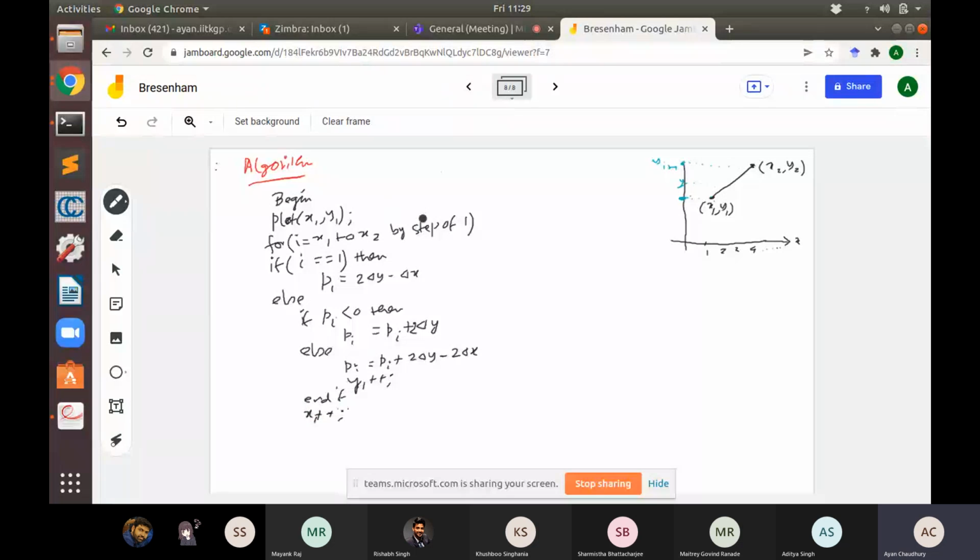If we don't, you can skip it because you can already include it in the loop statement. You can write it here, and then you just draw the point. Draw x1, y1. Actually, it should be xi.